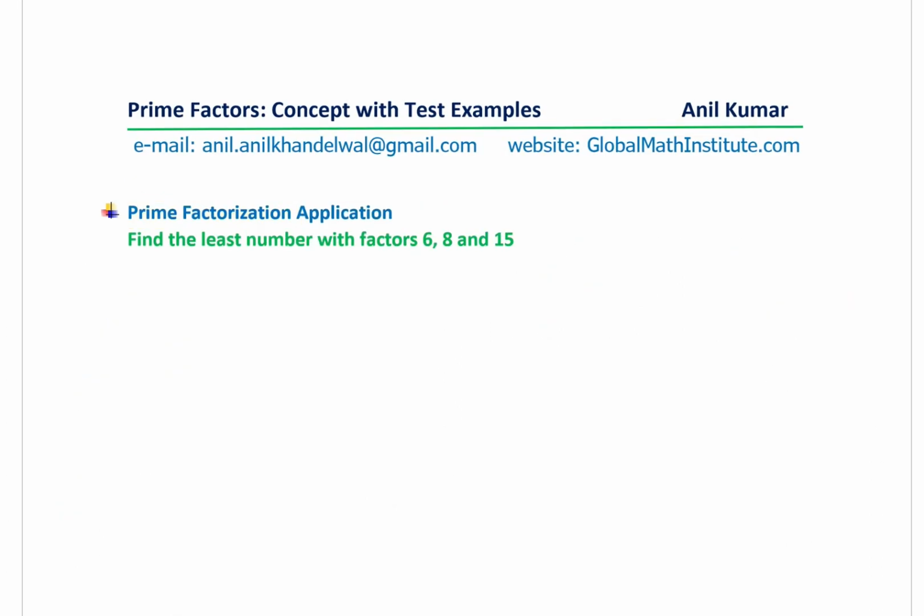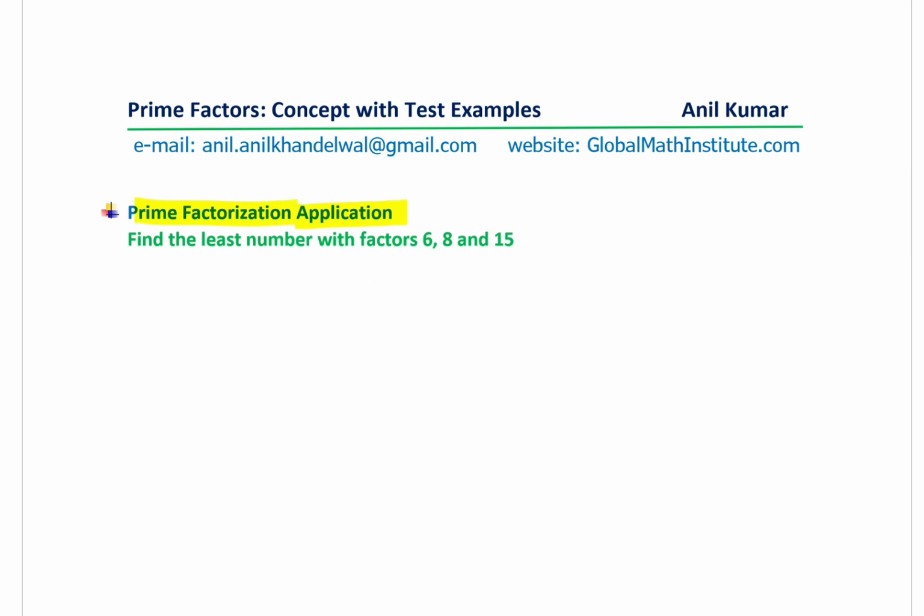Let's extend our cases now, and we are getting into very difficult questions based on prime factorization. This video will give you a complete review of the whole unit. We're looking into the application part of prime factorization.